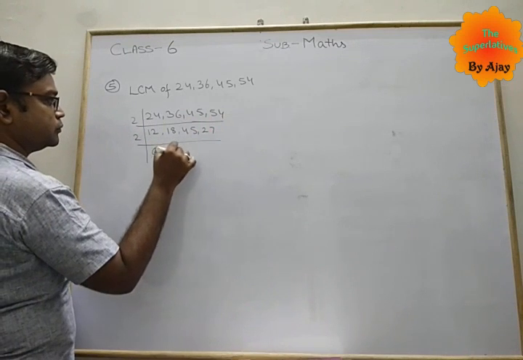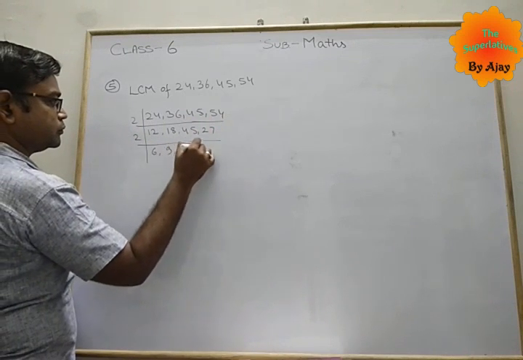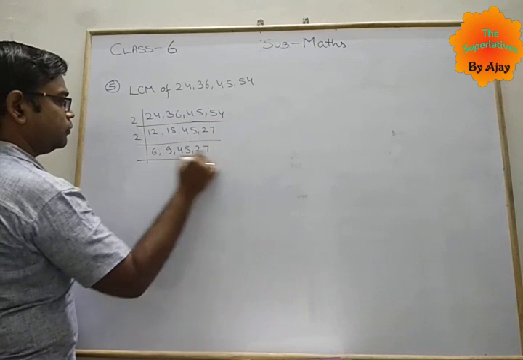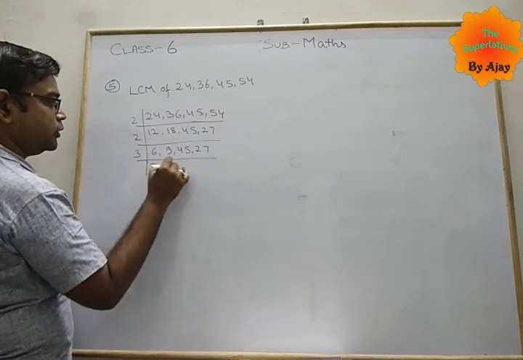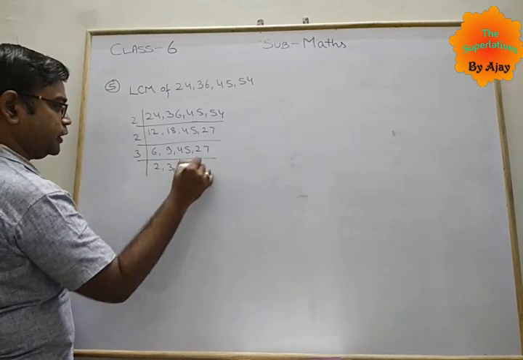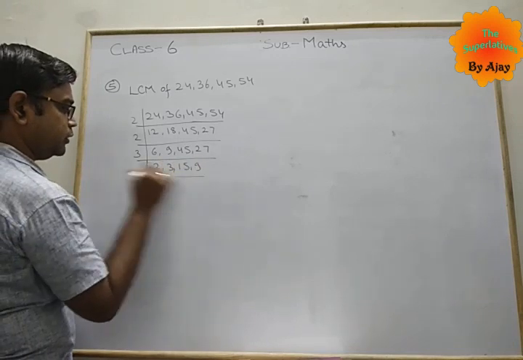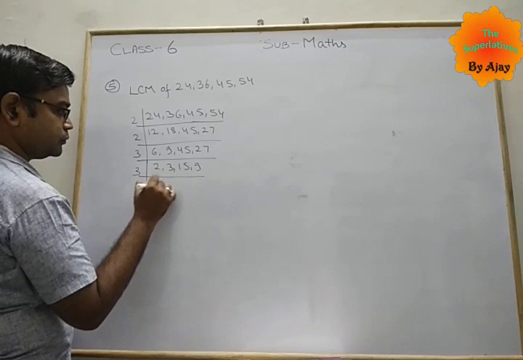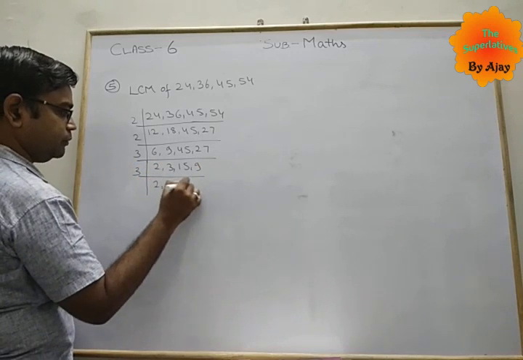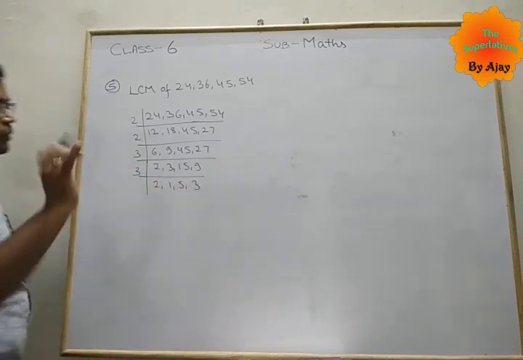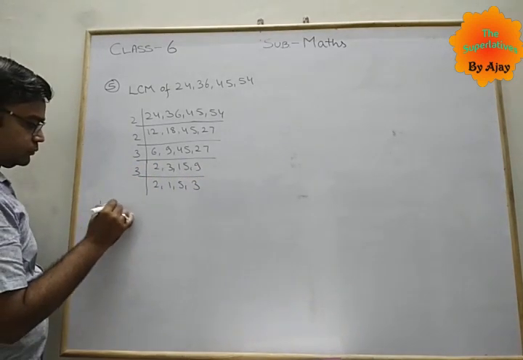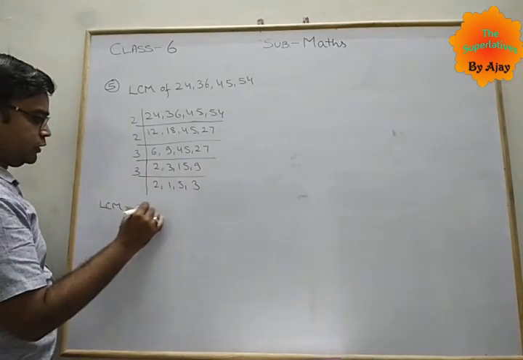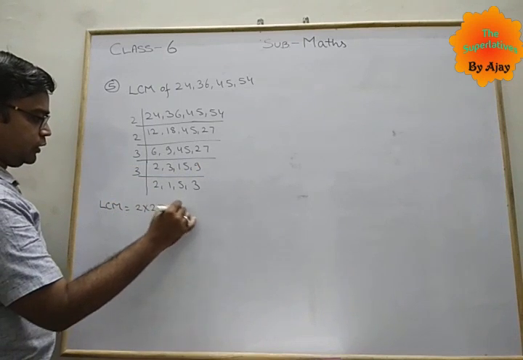Now we have no pair of even numbers, so we choose an odd number: 3 is common. Then again we have 3 common. No common number remains, leave as it is. LCM equals 2 into 2 into 3 into 3 into the non-common numbers.